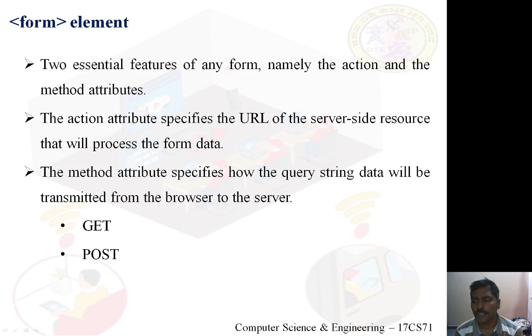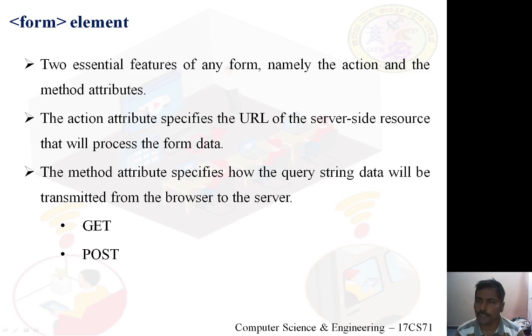Once your username and password are validated at the client side, a query string will be formulated and sent to the Google server. The Google server is going to process your query string. So here, on submitting the Google login form, the query string is sent to the Google server to process.